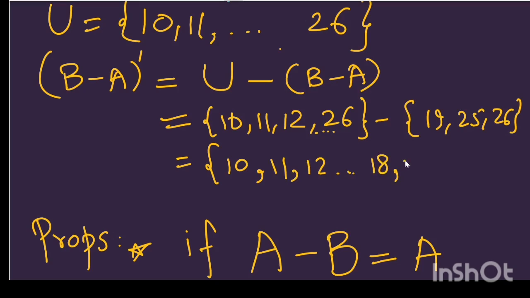After 18, 19 won't come, 20, 21 till 24. So this is B minus A dash, guys.